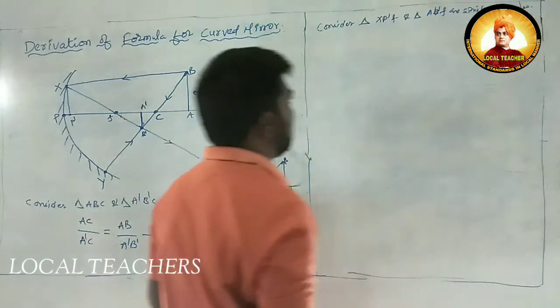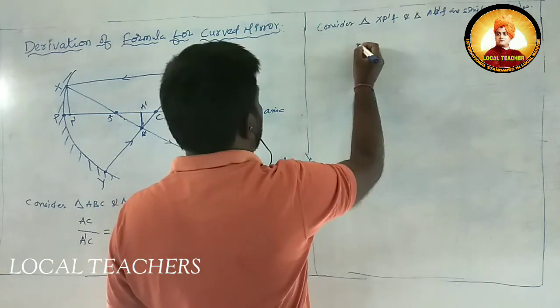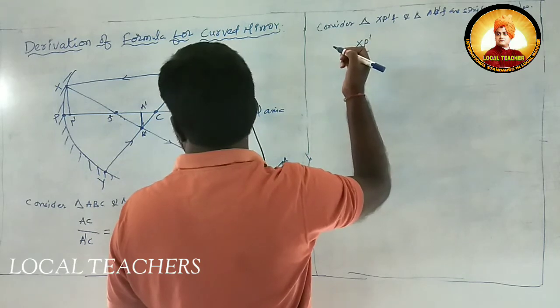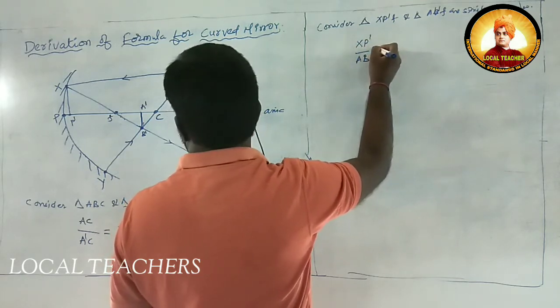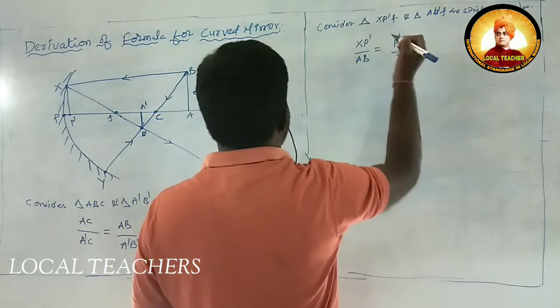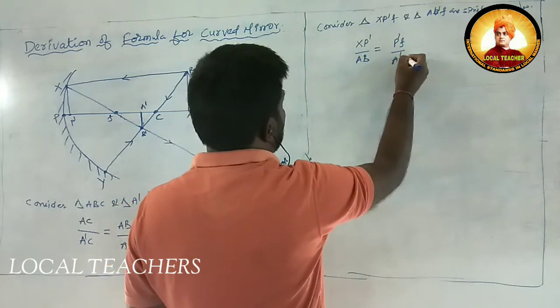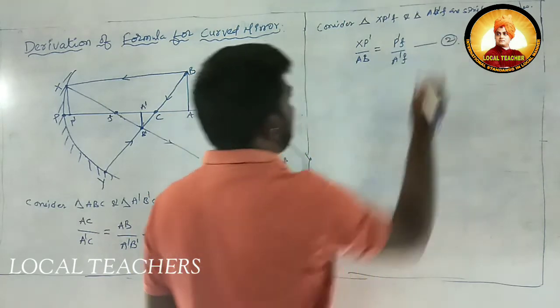From this also we can write X P dash by AB equals P dash F by A dash F. Consider this equation 2.